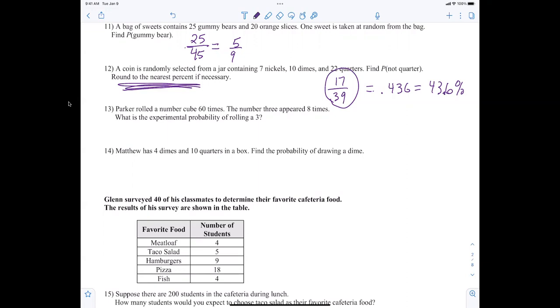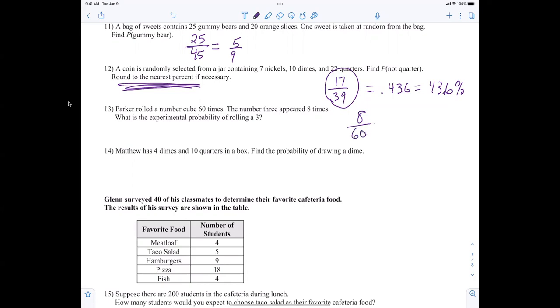Yes, go. What would you say the experimental probability for rolling a 3 is? We rolled a cube 60 times, and the number 3 appeared 8 times. So what's the experimental probability? 8 out of 60. Yes, 8 out of 60.